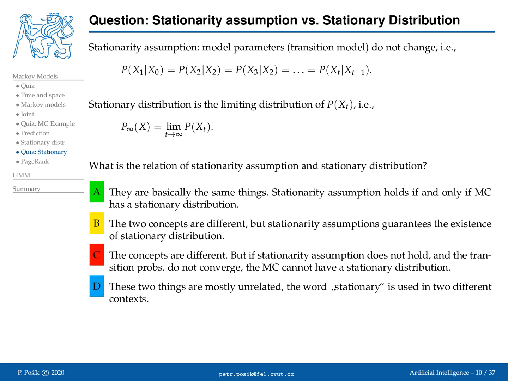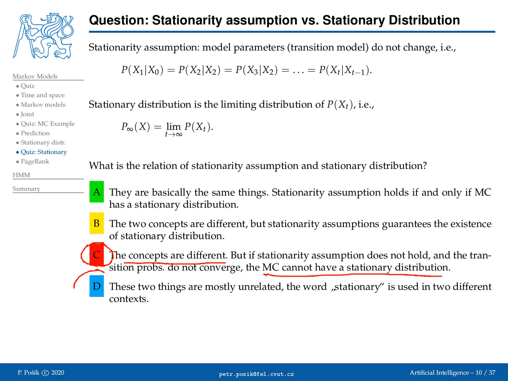From my point of view, option C is the most correct one. They are definitely different concepts. They have some relation in the sense that if the stationarity assumption does not hold and the transition probabilities do not converge in that non-stationary world, then the Markov chain cannot have a stationary distribution.